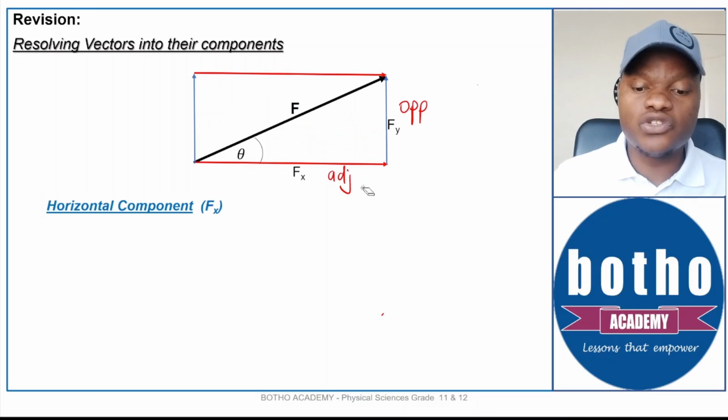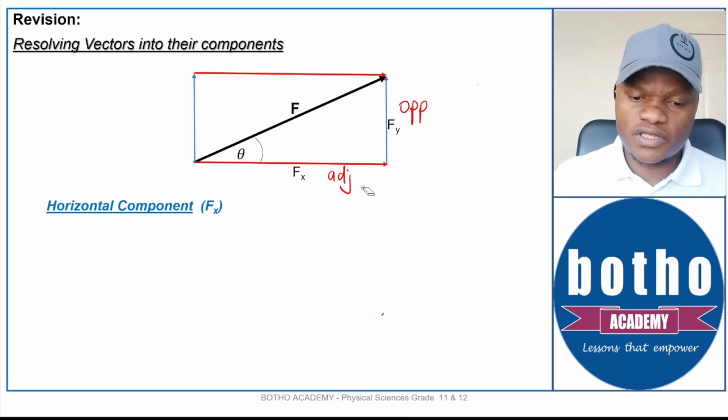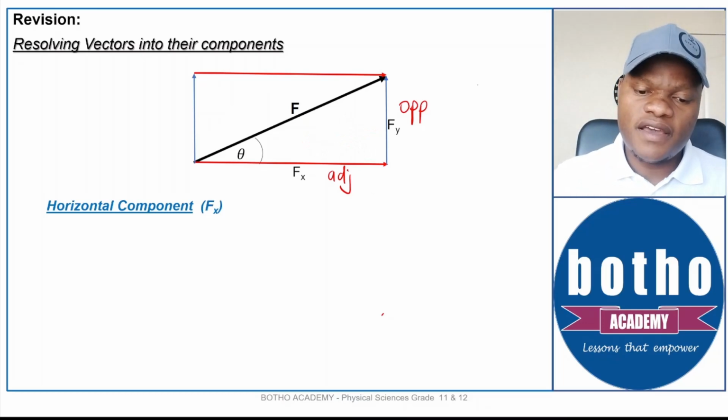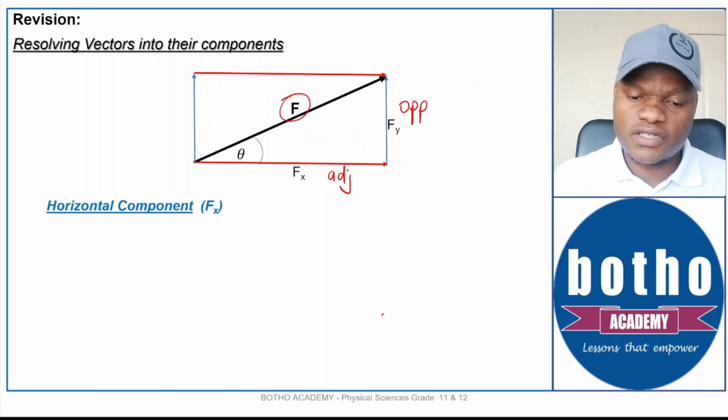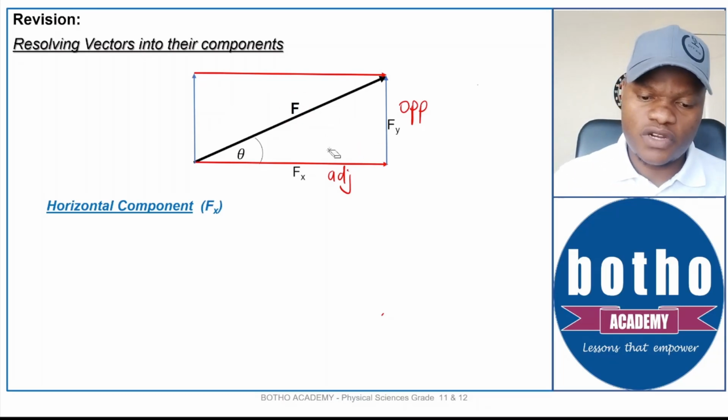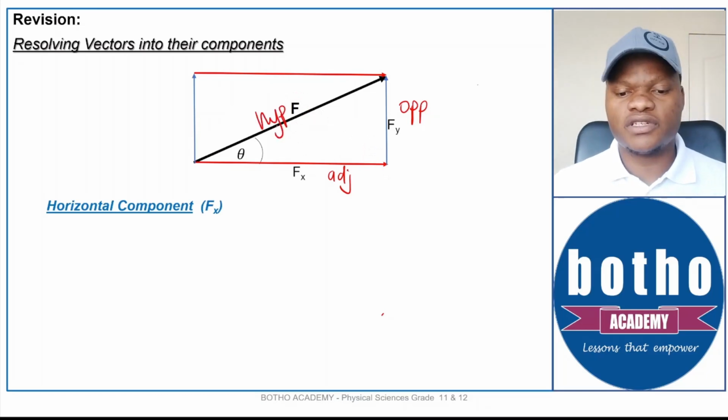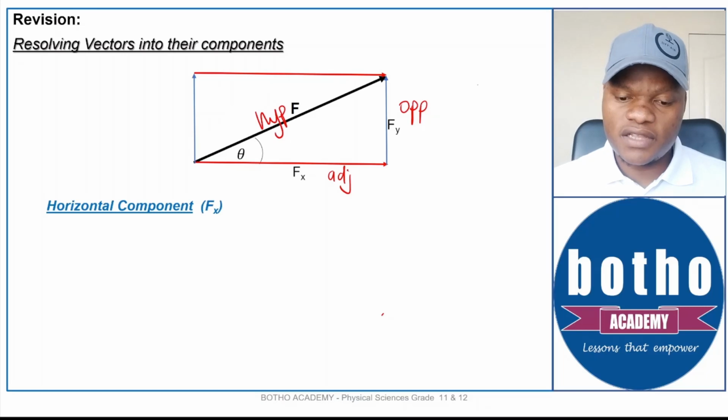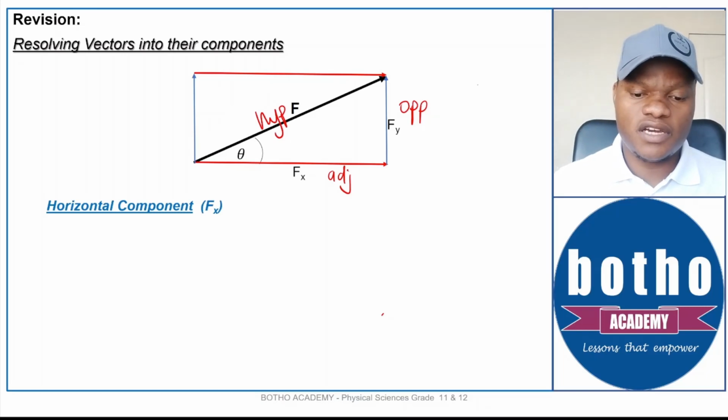Okay, we need to remember that when we do the trigonometric part. The side that is facing the right angle is what we refer to as the hypotenuse side in trigonometry. So we have 3 sides of the triangle: the adjacent side, the opposite side, and the hypotenuse side.